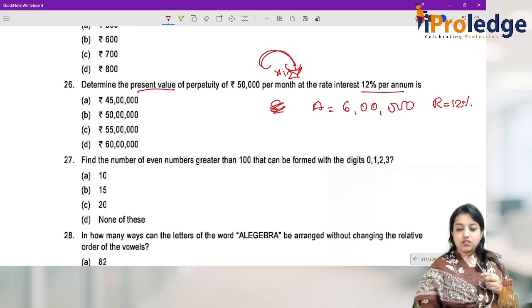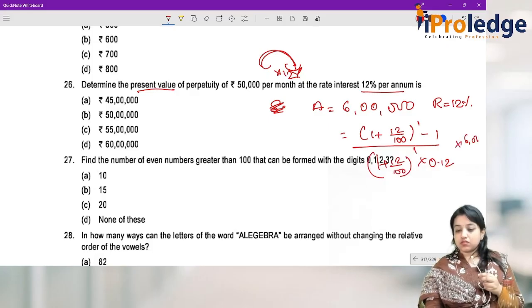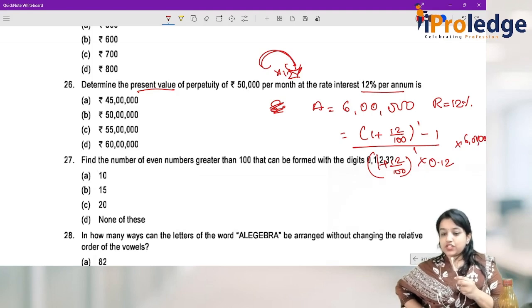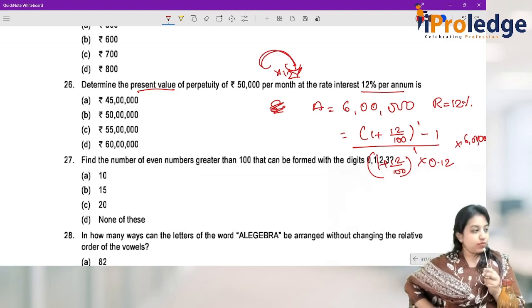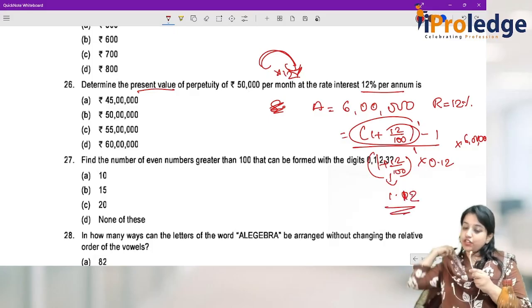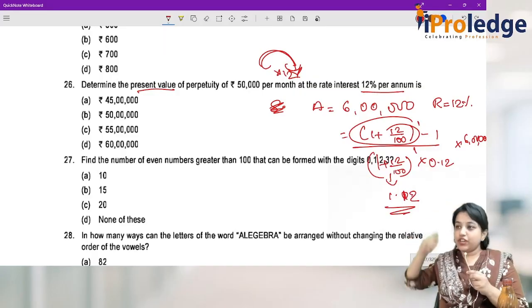12 by 100 plus 1, then minus 1. So 12 by 100 plus 1 is 1.12. 1.12 minus 1 is 0.12, divided by 1.12.